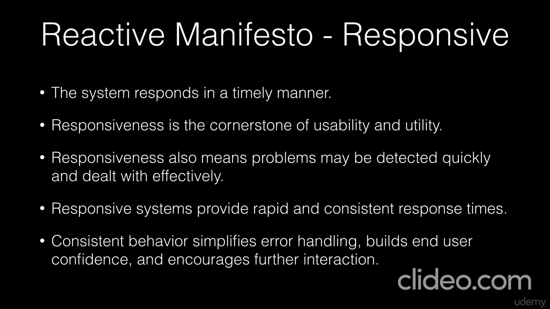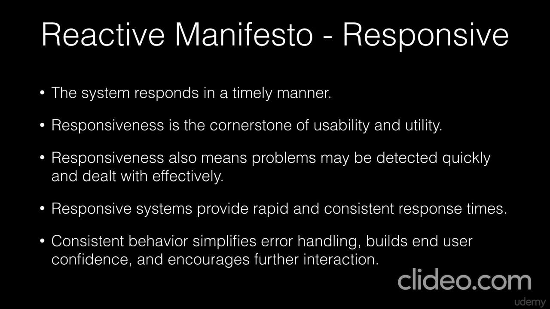Responsiveness also means that problems may be detected quickly and dealt with effectively. So this means that the system is going to effectively be self-healing. So responsive systems also provide rapid and consistent response times. And this consistent behavior simplifies error handling, builds end user confidence, and encourages further interaction.